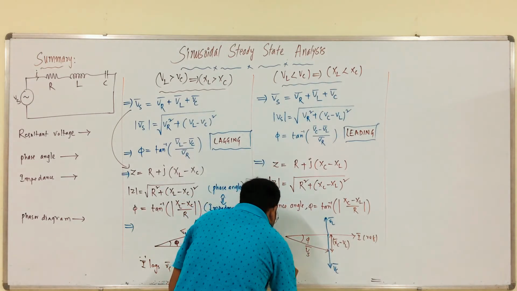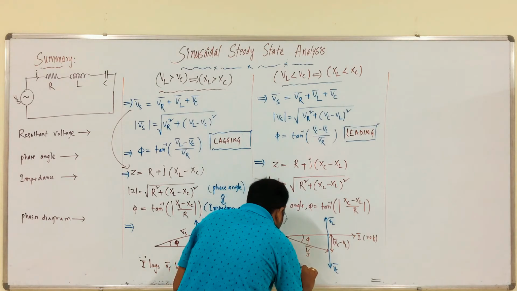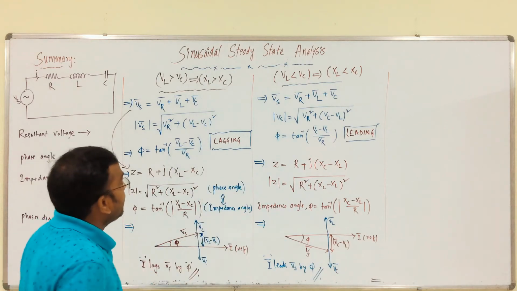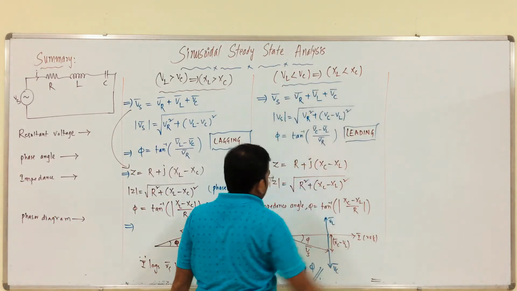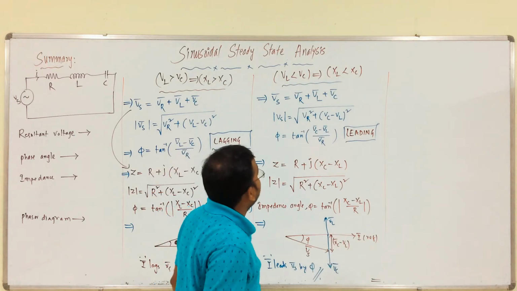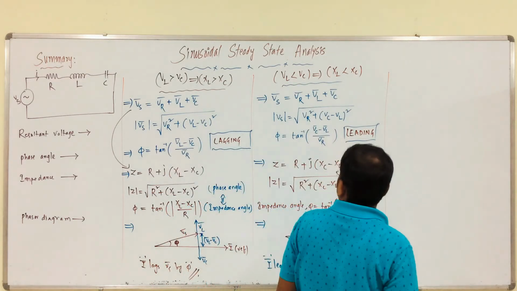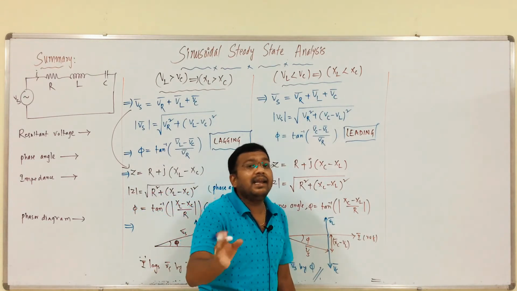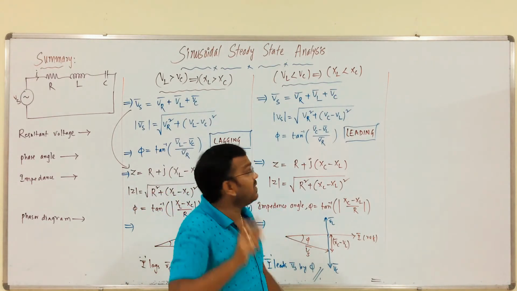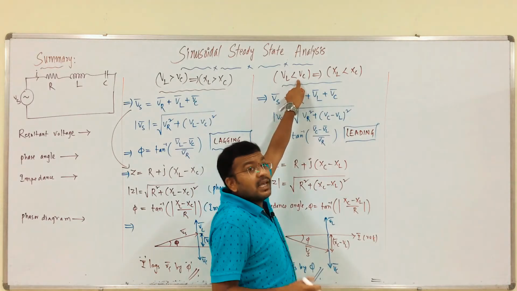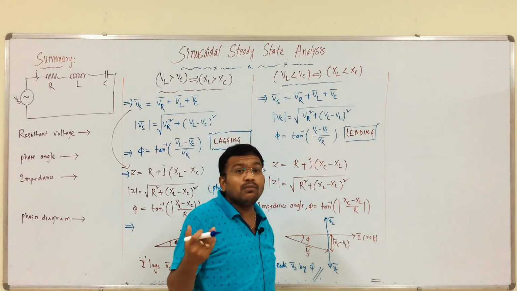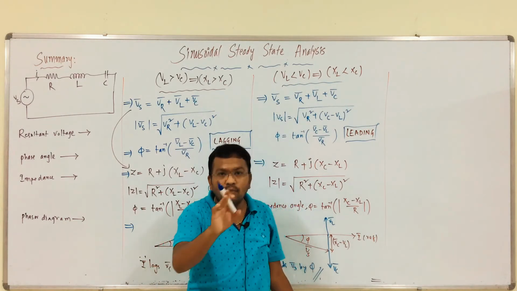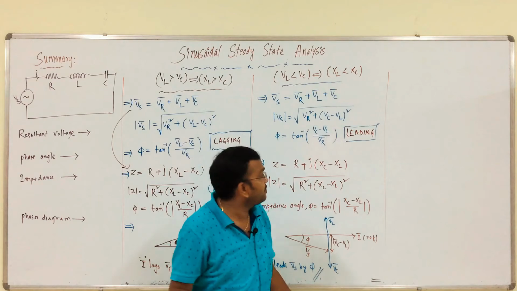That is why if this condition takes place, the angle is leading. Then, for example, in problems on series RLC circuit, if the angle is leading, you have to take the condition that the capacitive effect is more than the inductive effect, that is VC more than VL or XC more than XL.